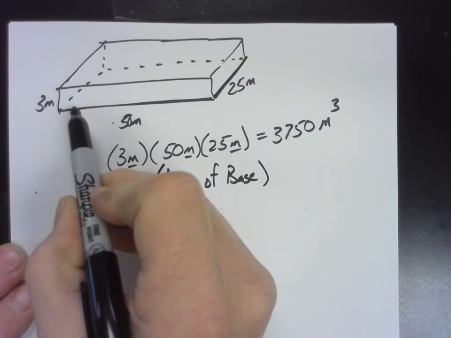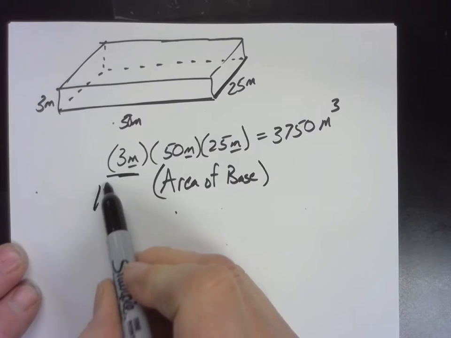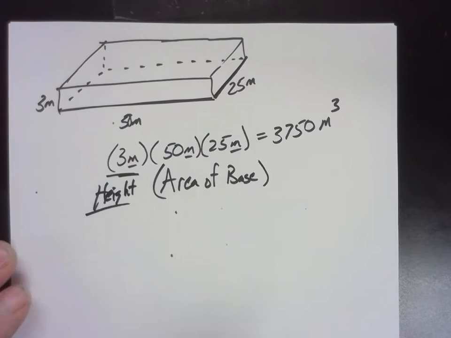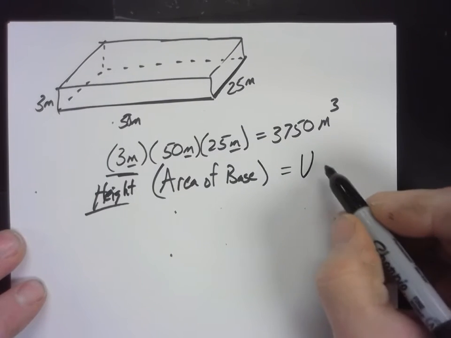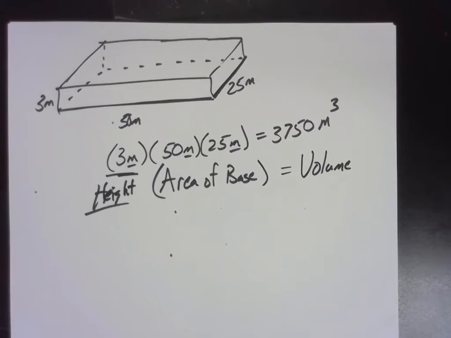That's the area of that rectangle on the bottom, and then the 3 is the height. And a lot of times with volume, this is the way we express it. We say it's the area of the base times the height. And let me show you why we think of it that way.